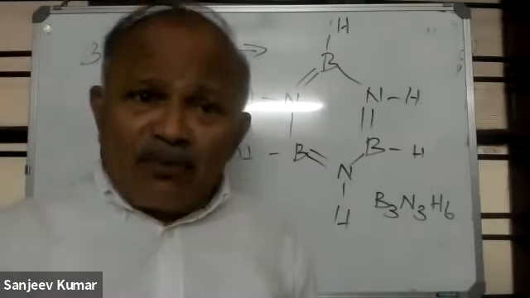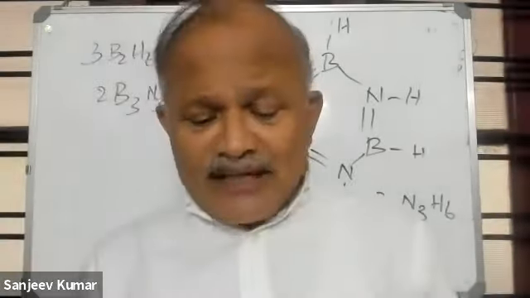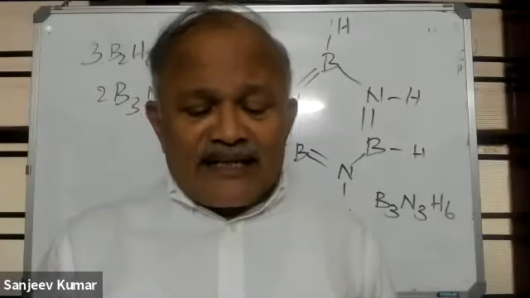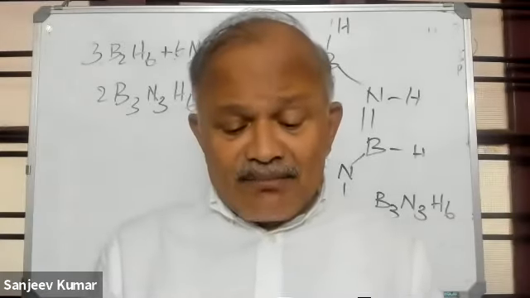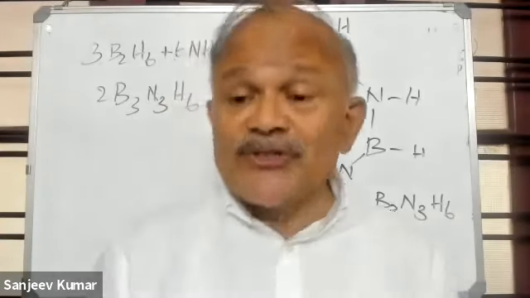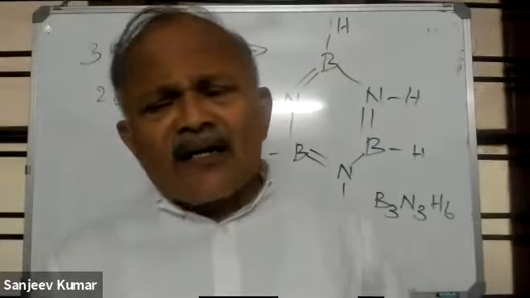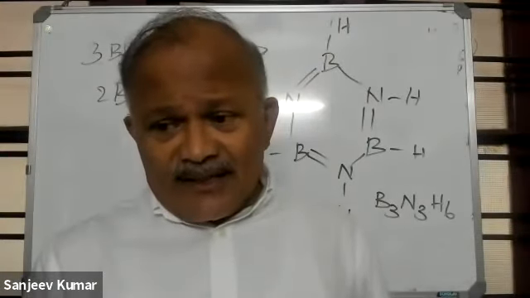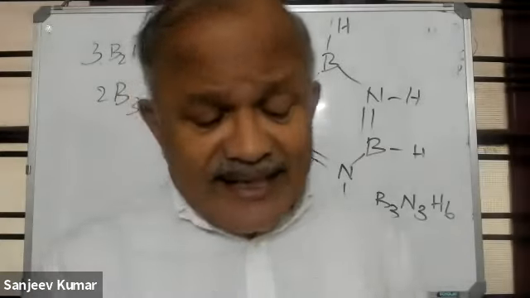Diborane when treated with ammonia gives inorganic benzene. So X is diborane and Y is inorganic benzene, B3N3H6. The choice is A. Dry ice is solid carbon dioxide. Solid carbon dioxide is known as dry ice.